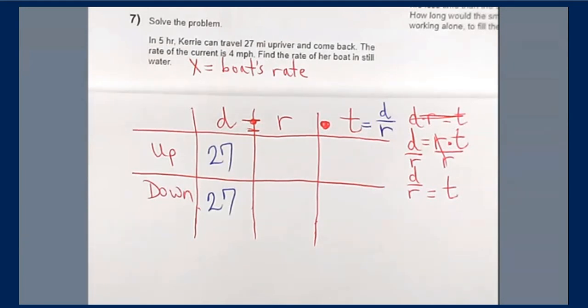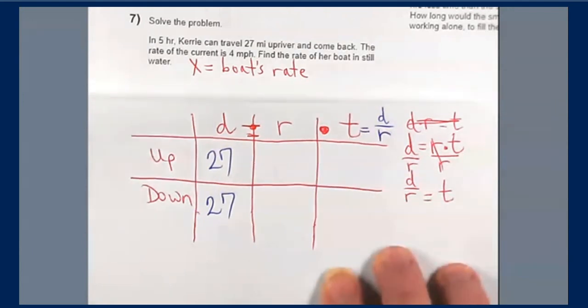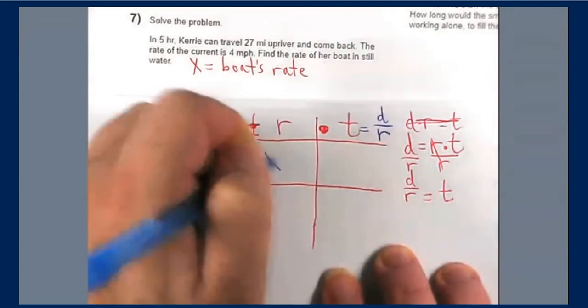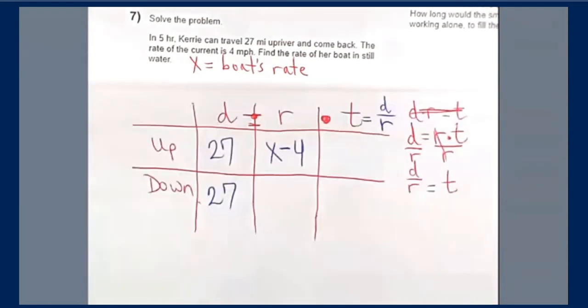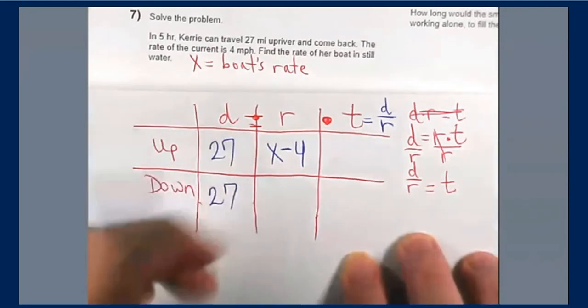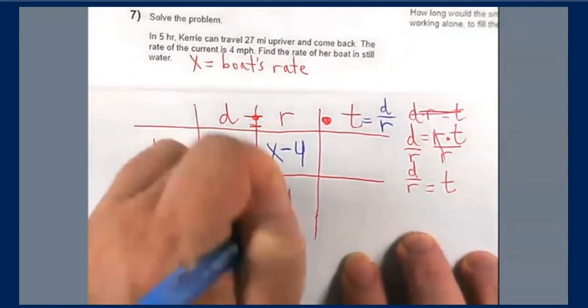So we can represent Carrie's rate going up as x minus 4. Coming back down, Carrie is going with the current of the river. So with the current means she's gaining speed, and we know that's addition.